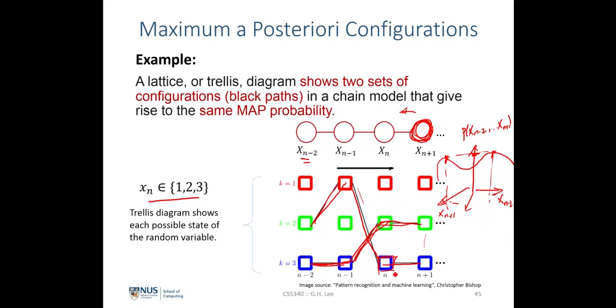I might choose this, and then in the next step I might end up choosing this again, for example. So in this case, the configuration of the random variables that gives rise to the maximal probability value is not consistent, because we can see that there are 2 sets of consistent states of all the random variables that give rise to these 2 maximal values over here.